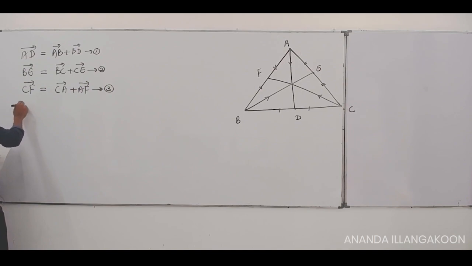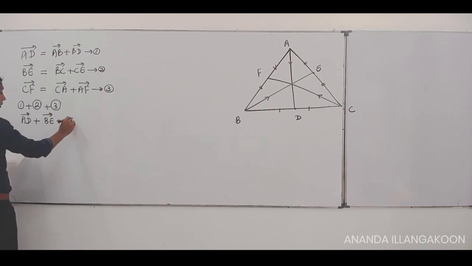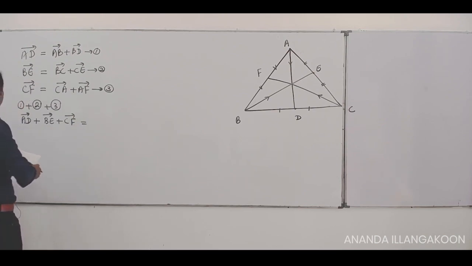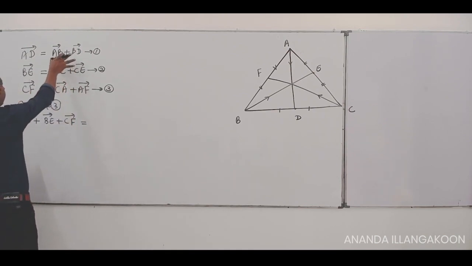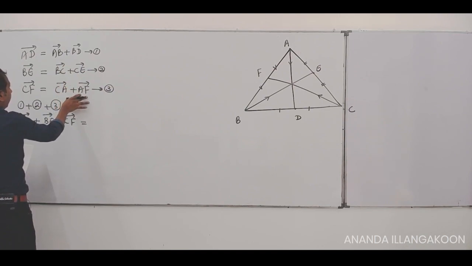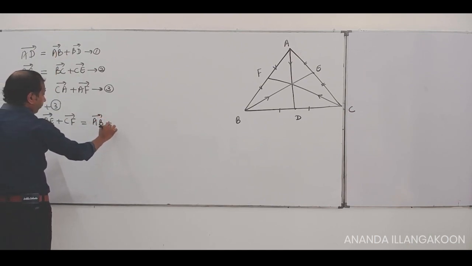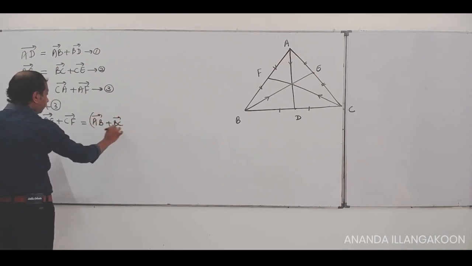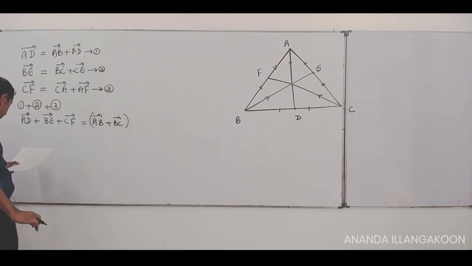I will add these 1, 2, and 3: AD plus BE plus CF. This right hand side we have to add. Then I add it like this. AB and BC I add first. And next I write CA.